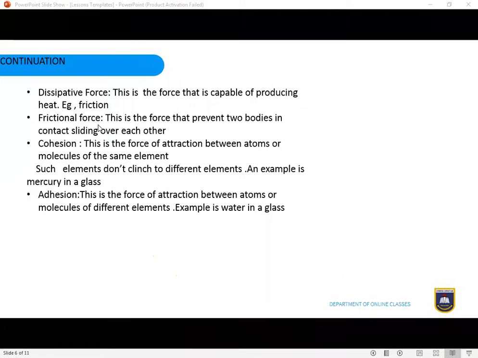So I'll pause here and ask the house, what are some of the effects of friction? Since friction produces heat, as I've said under the dissipative force, that is any force that produces heat.